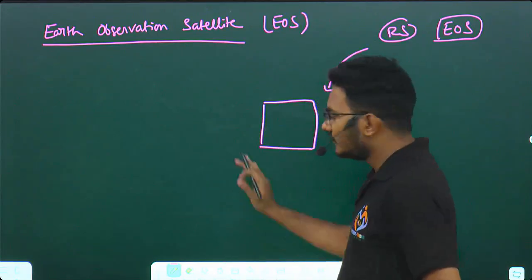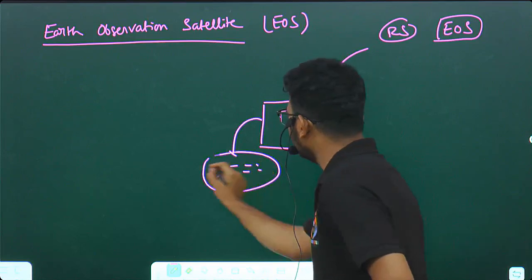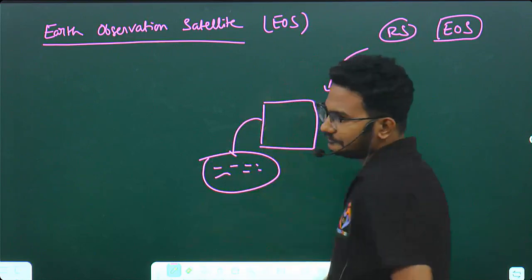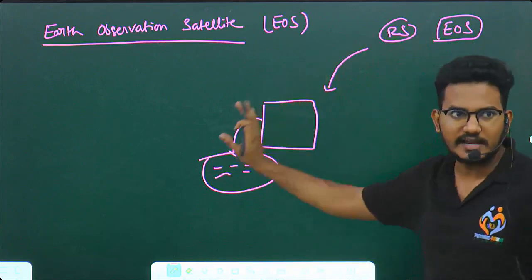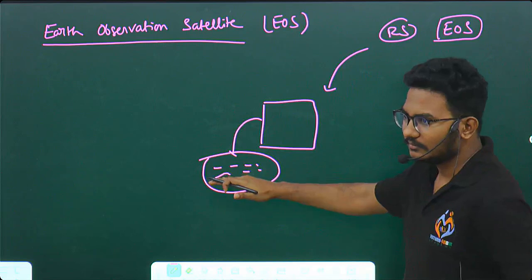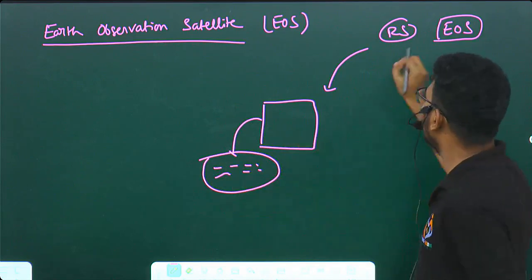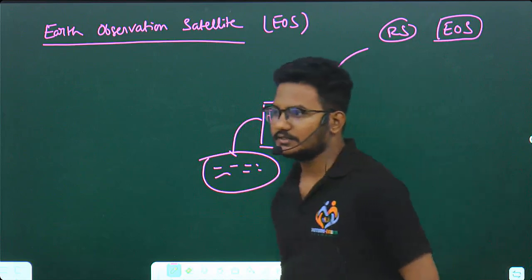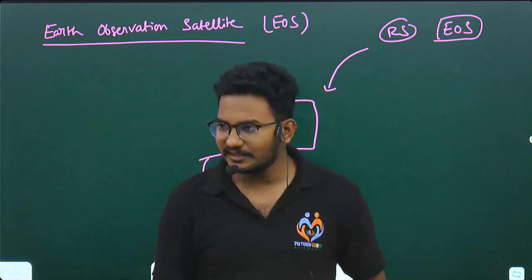If it is melting into water, this we get to know in remote sensing and in Earth observation satellites as well. But at what rate the ice is melting into water, this we get to know with the help of Earth observation satellites.